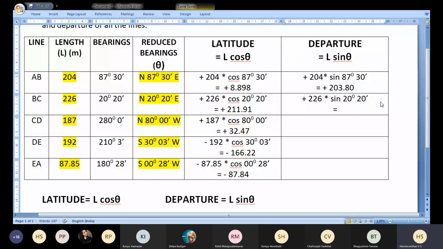So its departure will be equal to 78.53 meters.